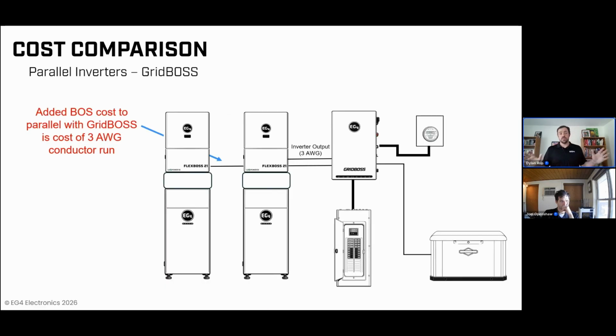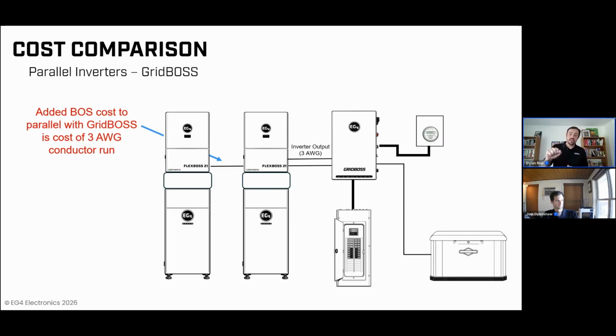Now, again, compared with our parallel application case with a GridBOSS, it becomes very easy. The added BOS cost to parallel additional GridBOSS is the cost of running one additional conductor over to that GridBOSS. Again, recall, we already had that panel board built into the GridBOSS that enabled you to go ahead and parallel 3 inverters.